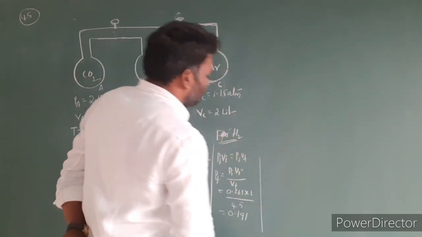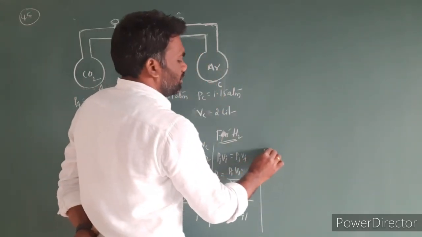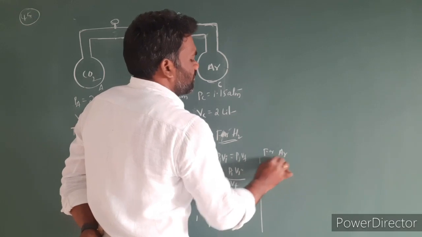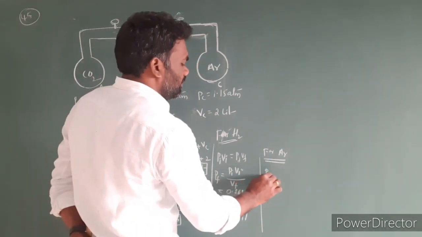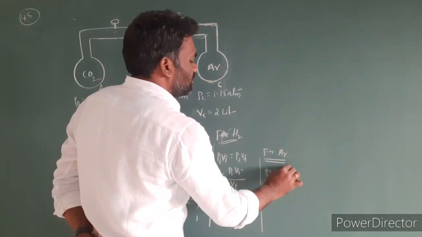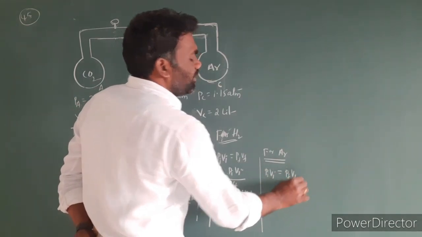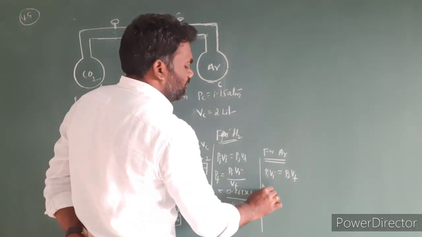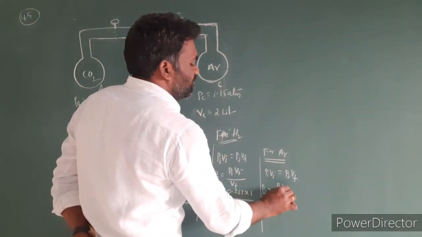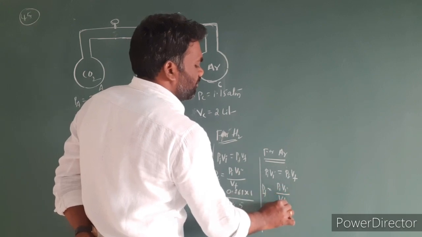Next, the third we already have is argon. For the argon case, the same formula we have to use: PIVI is equal to PFVF, isn't it? Then P final is equal to PIVI by VF.